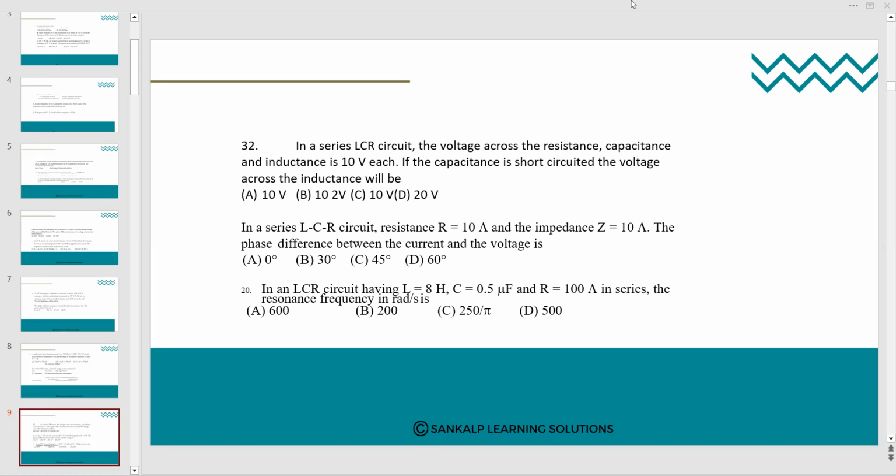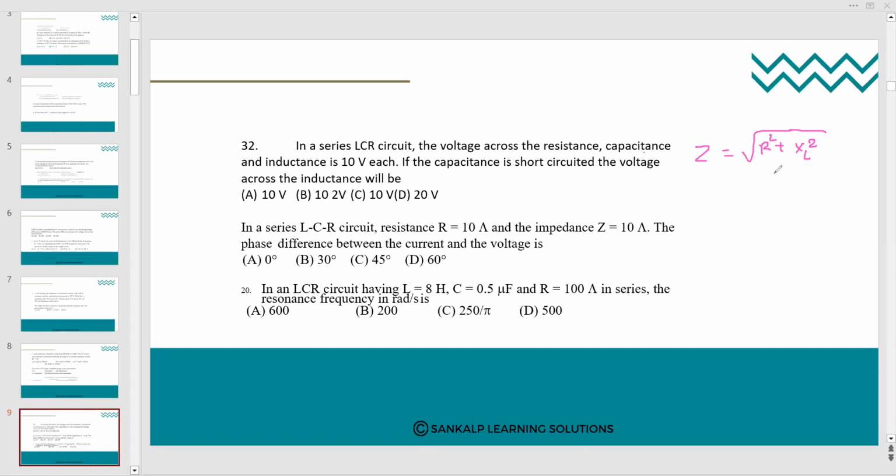So here it is. Z is equal to under root of R square plus XL square. But if you see, the voltage across the resistance, capacitance, and the inductance is 10 volt each, they are saying.